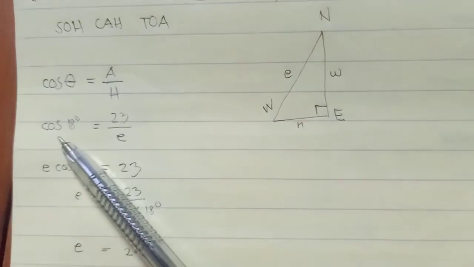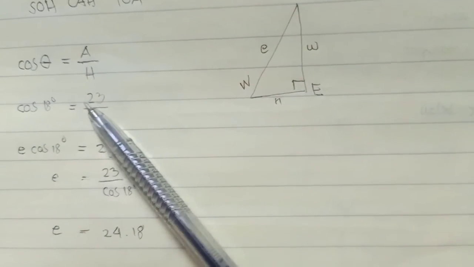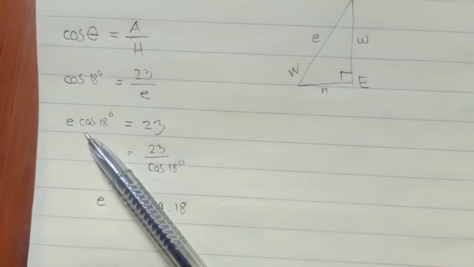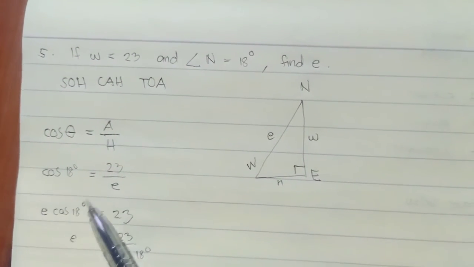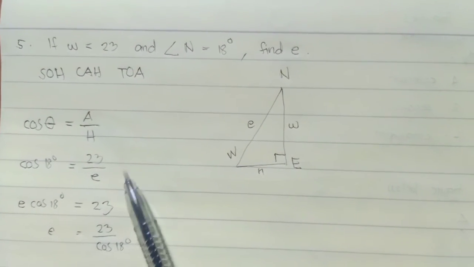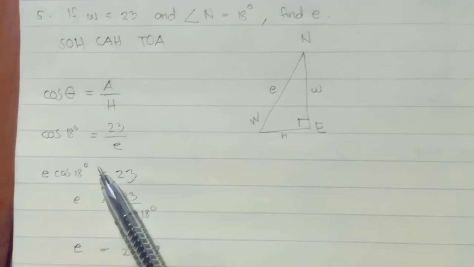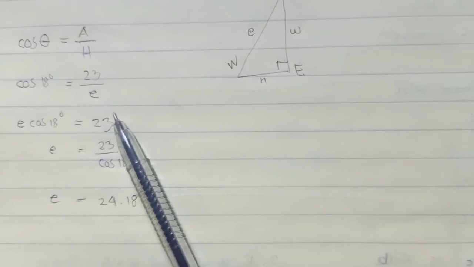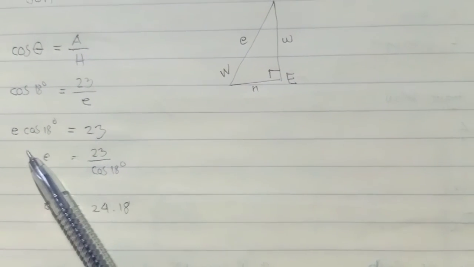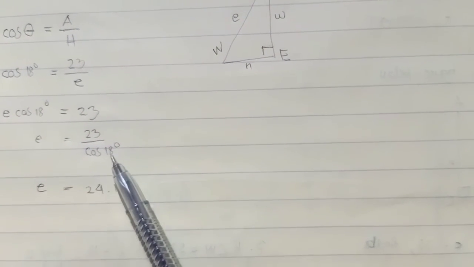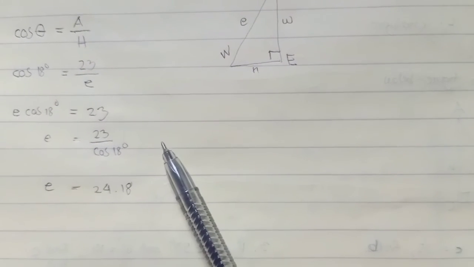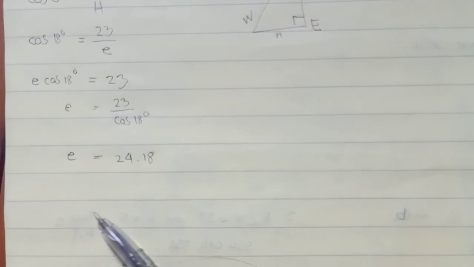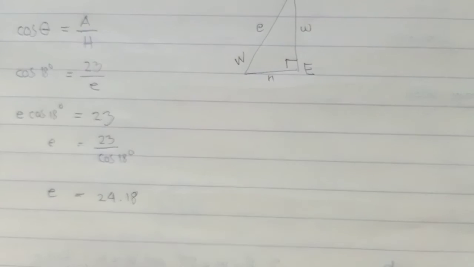The formula is cosine theta equals adjacent over hypotenuse. So cosine 18 degrees is equal to 23 over e, and then cross multiply. e cosine 18 degrees is equal to 23, and you just bring down the cosine. So e is equal to 23 over cosine 18 degrees. By using your calculator, e is equal to 24.18.